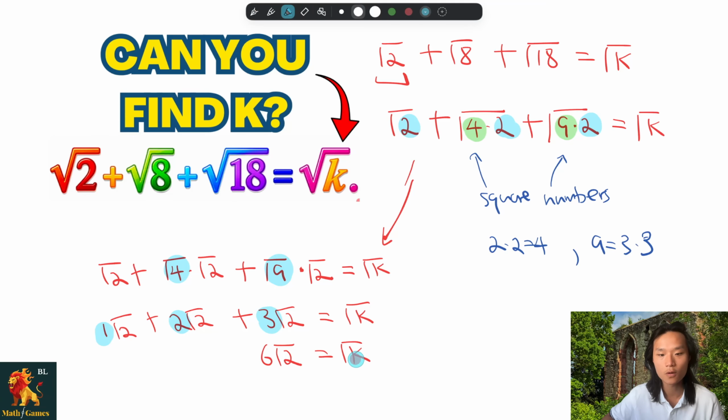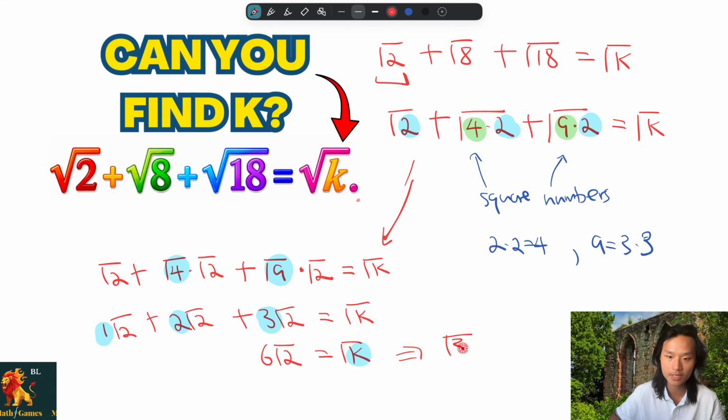Now the question wants us to find the square root of k. So we need to convert this expression into just the square root of something. And that something is our k. So we can rewrite 6 as the square root of 36, like this.